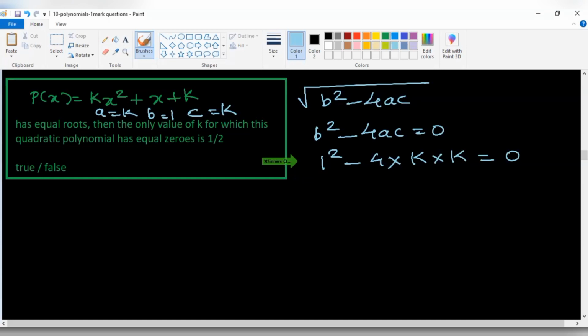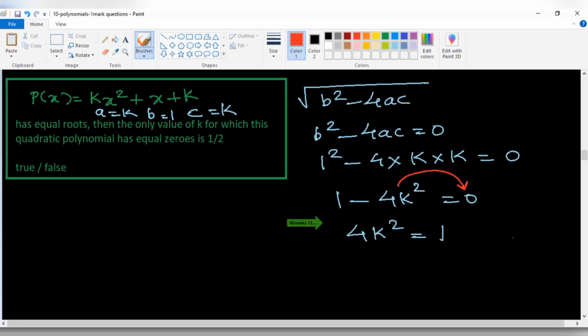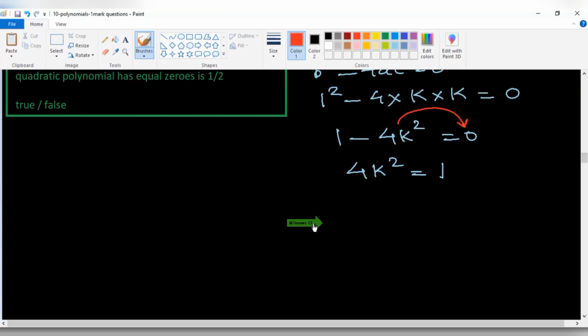Then 1 square is 1, minus 4k square equal to 0. That means 4k square equals 1, right? We take the minus 4k square to the other side. So we can say 4k square equals 1, or k square is 1 by 4, right?